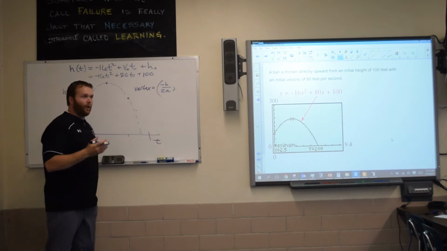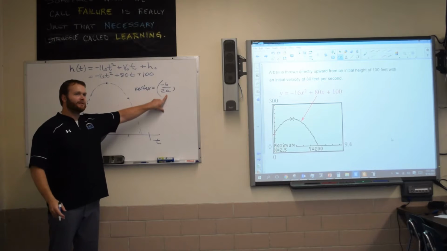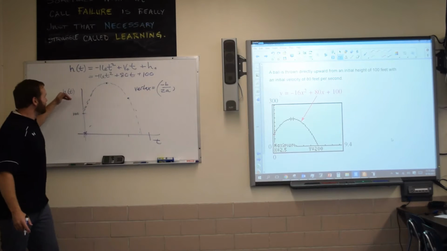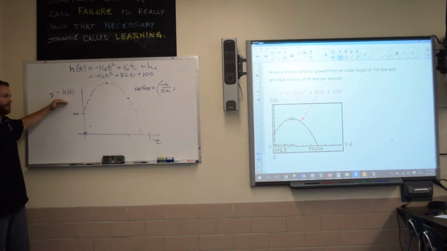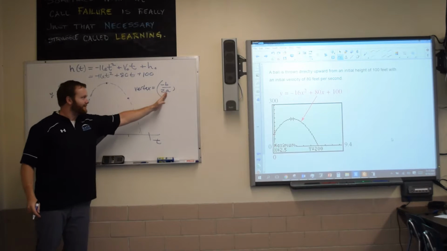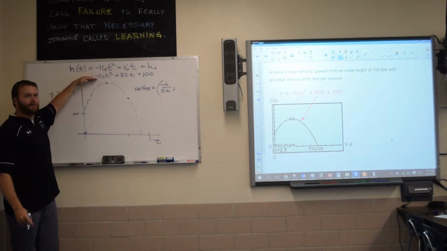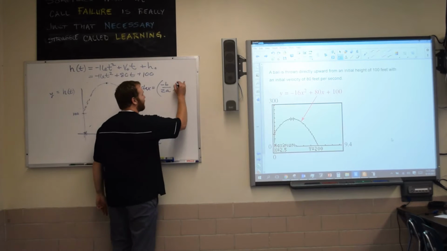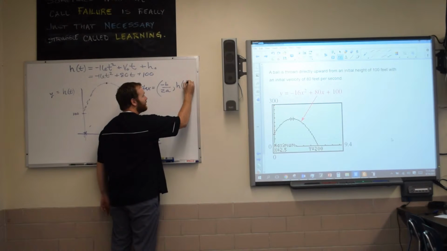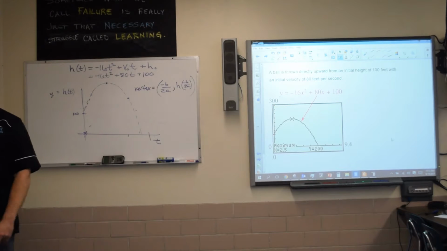And then the y value, okay, if this is ultimately my time, then my height, which we sometimes say is our y value, right? That's the way we kind of think about things. If this is my time, I should be able to take that time value, plug it in here, and spit out a height, right? So I'm going to write h evaluated at the opposite of b over 2a.